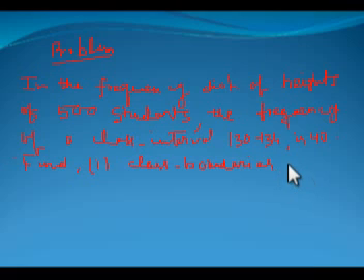Second is class mark. Third is class relative frequency.